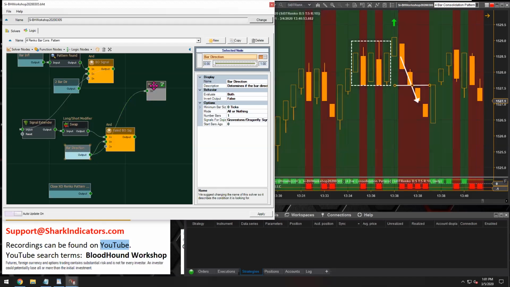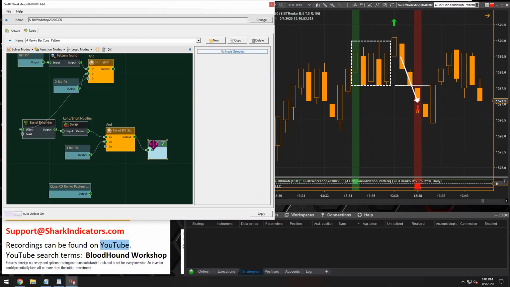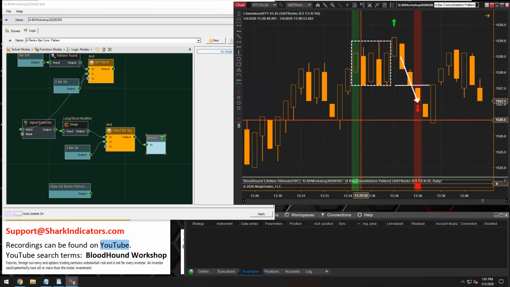Actually, let's connect that into the result node here. Okay. There we go. So there's the 3-bar direction, right? So we're getting an output right there. And so from the AND node, oh, actually, wow, look at that.